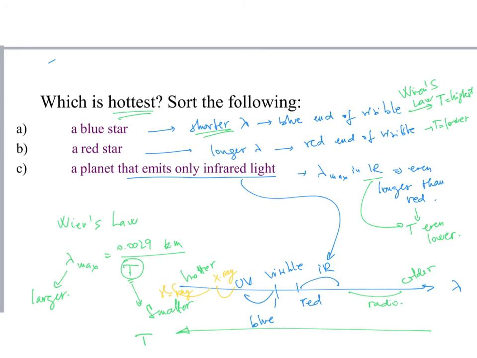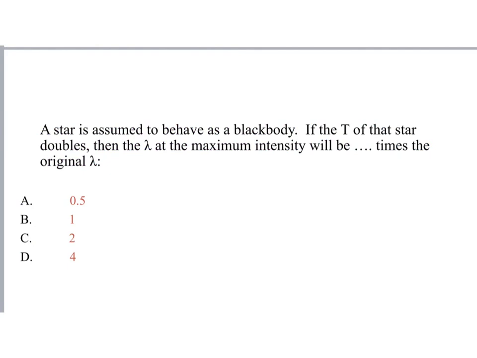Yeah, so this is the line of thought that you should have when you answer questions like this. How about this question? We have a star that is assumed to behave like a blackbody. Actually, most of the stars, as we will see, behave very much like a blackbody, especially even our sun.